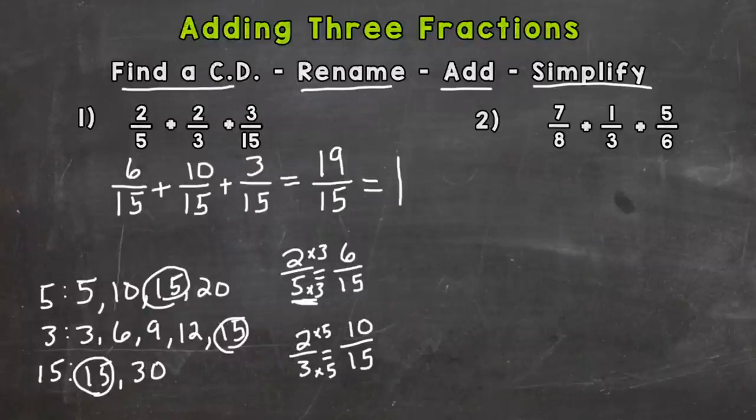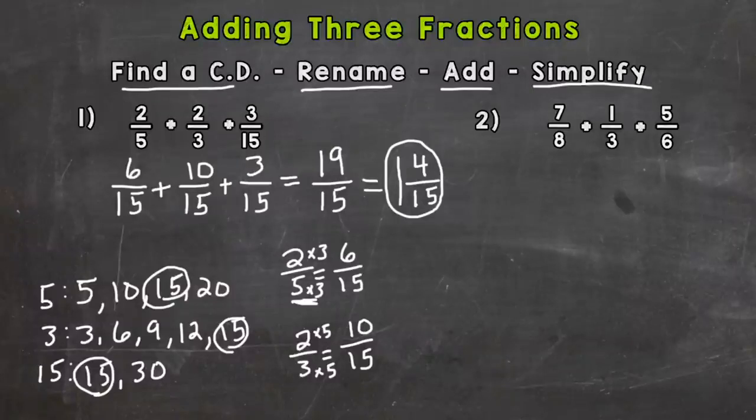Now it didn't hit 19 exactly, so we have something left over. If we pull a 15 out of 19, we get a remainder of 4. We have 4 left over. And we keep our denominator of 15 the same. So our final answer is 1 4/15.